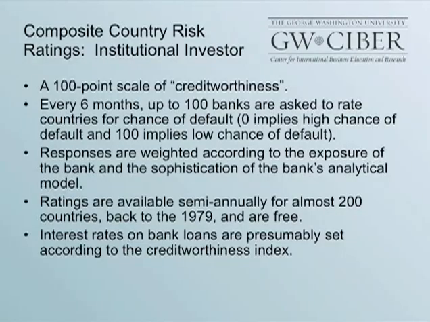And so the composite score is based on some unspecified weights, but weights determined by the level of sophistication of the bank's model and the amount of exposure that a bank has to foreign lending. And so it's basically just a scale of creditworthiness, right? And we don't know. People say that they use political indicators, economic indicators. We don't actually know what they use.